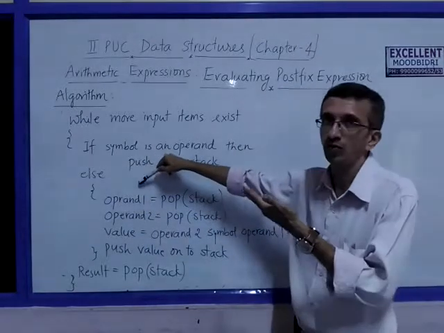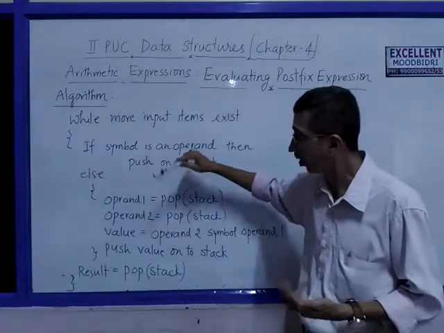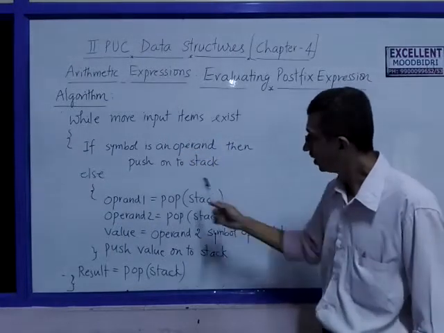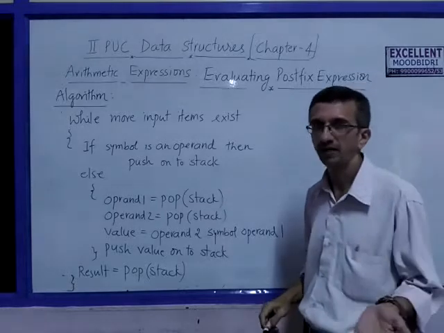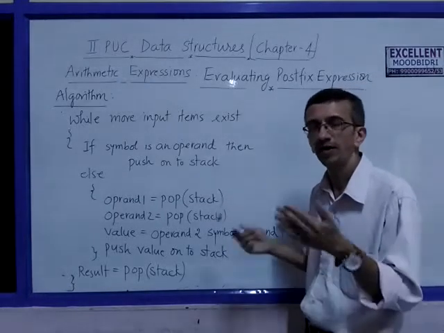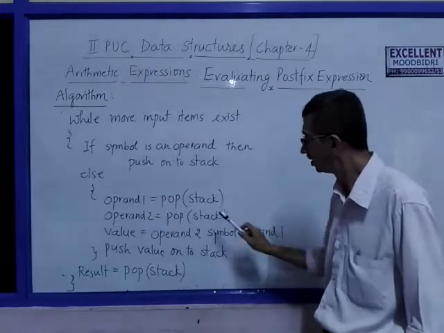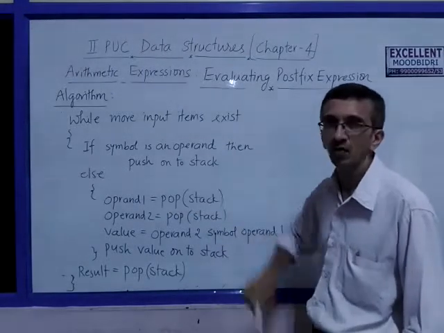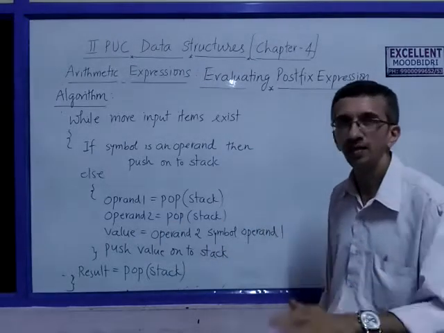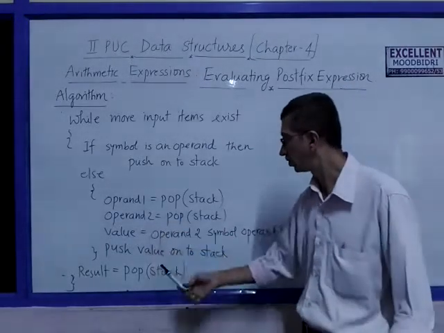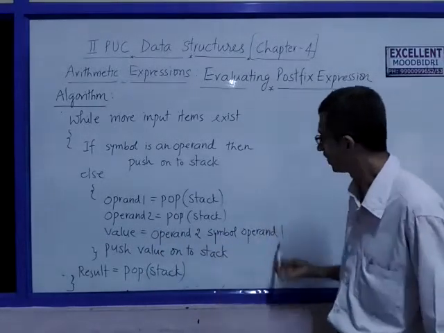If plus is encountered in the expression, then we have to do operand 2 plus operand 1. Operand 2 can be whatever, A or B. So A plus B. Operand 2 is the second operand, second pop. First pop is operand 1. If you once again pop, you will be getting operand 2. So the value is obtained by operand 2 symbol operand 1.